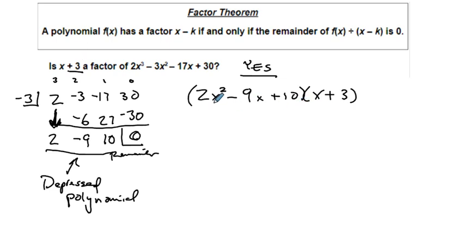In the coming videos we'll talk about what I can do with this if I want to factor it completely. Hopefully you see that this factor theorem works. It's pretty cool, and it's pretty simple if you understand the ideas behind synthetic division. Okay, going to stop the video, and we'll catch you in the next.